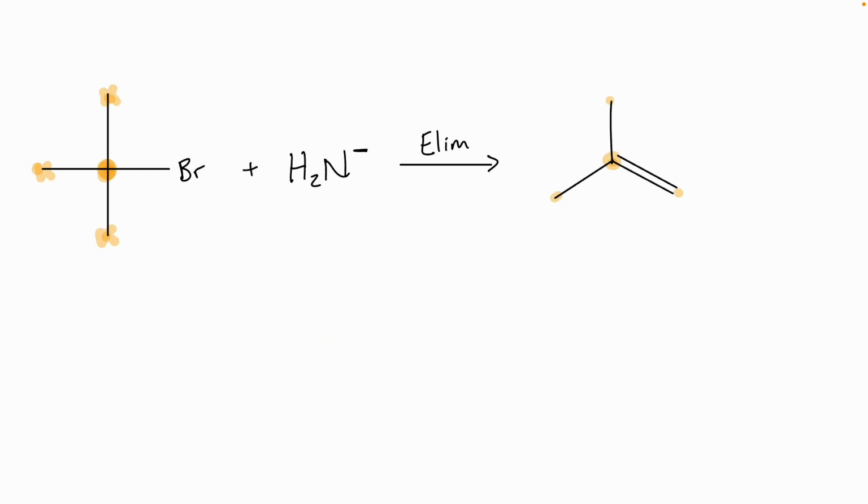Okay, we can kind of think about it like I'm taking this pair of electrons here from this bond. It used to be here, now I'm moving it down to form a bond with one of its neighbors.